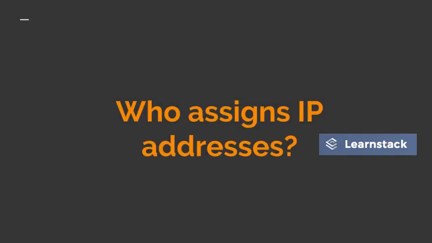Now the obvious question arises: who on internet assigns IP addresses? The answer is your internet service provider. Your internet service provider assigns IP addresses to every computer connected on its network.